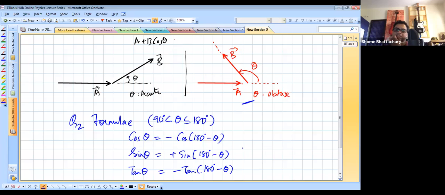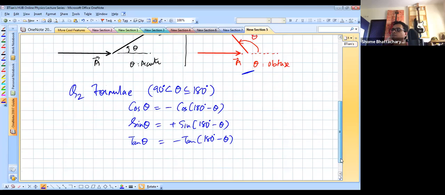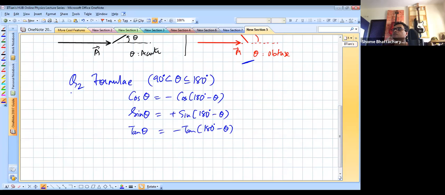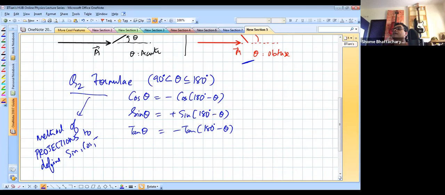So this is coming from the ASTC rule, or more importantly, from the method of projections that we had seen. The quadrant 2 formula came from the method of projection to define the sine, cos, and tan.